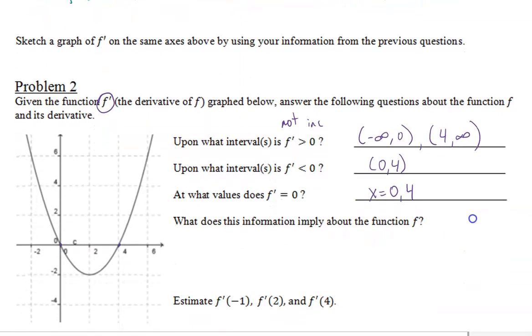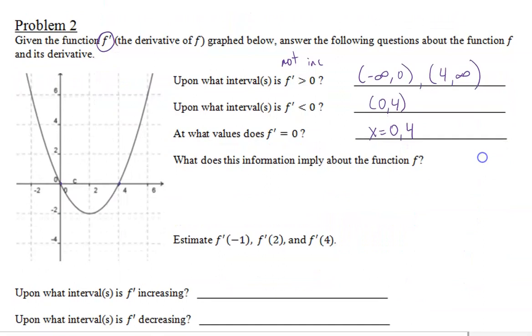All right, so what does this imply about the function f? Well, if f prime is positive, that means that f is increasing on these intervals. So we can say f is increasing on negative infinity to 0 and on 4 to infinity. Don't worry about union or comma or the word and or anything like that.